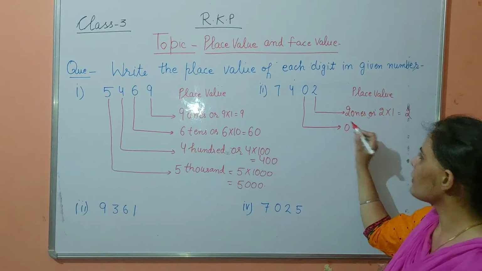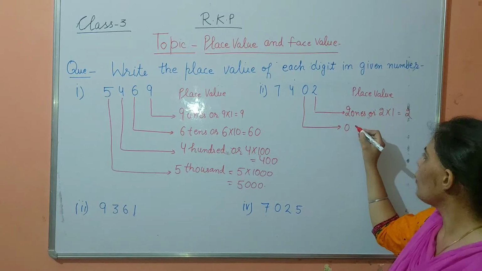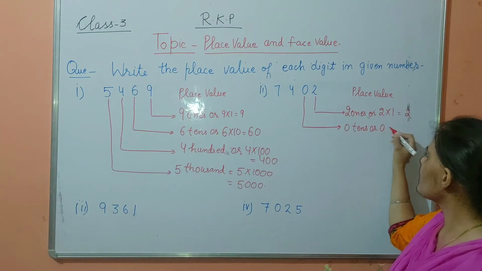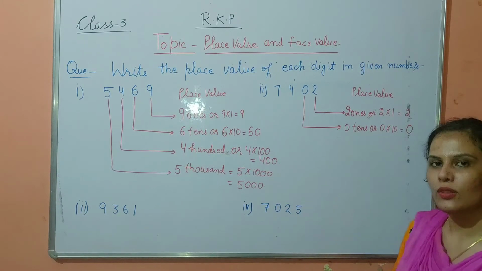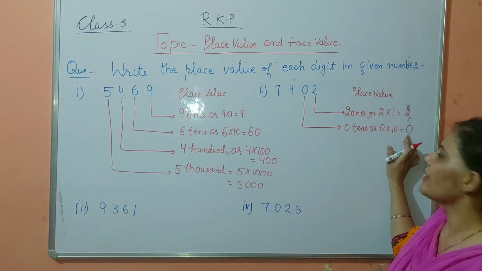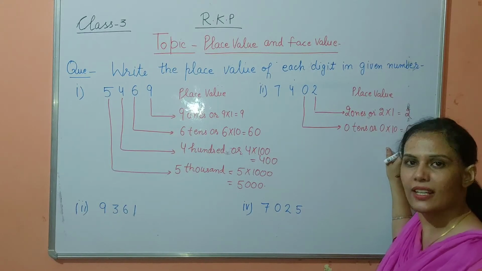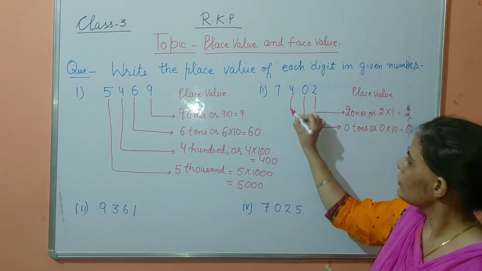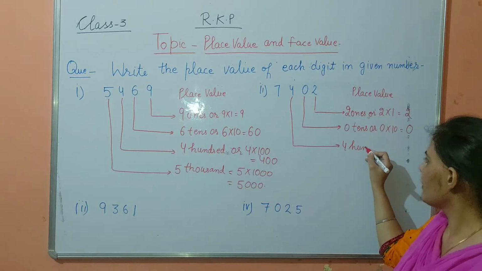0. 0 is at what position? It is at tens position. So 0 tens, or 0 multiplied by any digit, 0 comes. So you can directly write 0. It doesn't need 0 tens, 0 hundreds. It is 0. Same, 400.